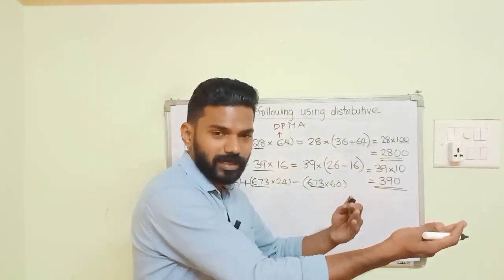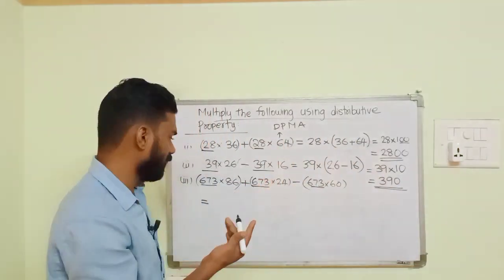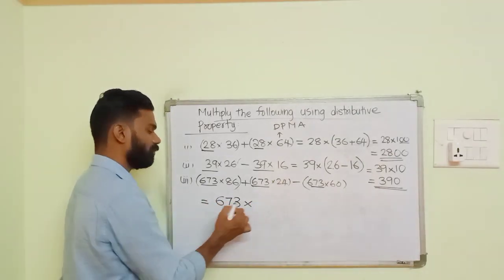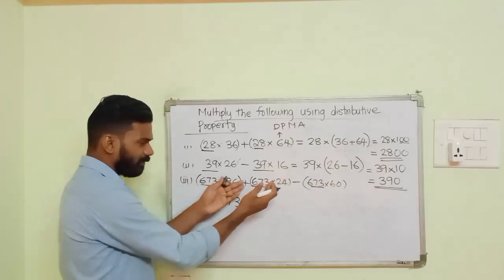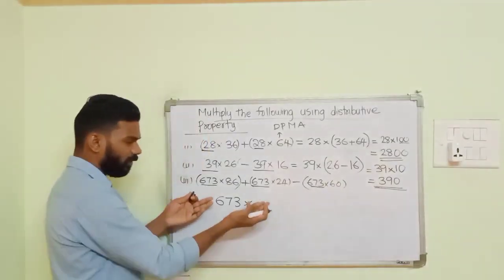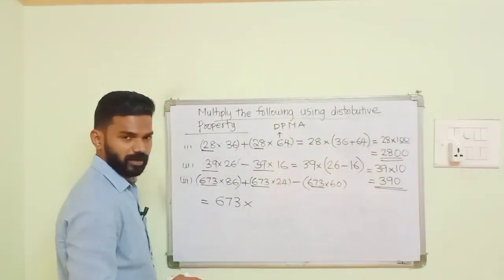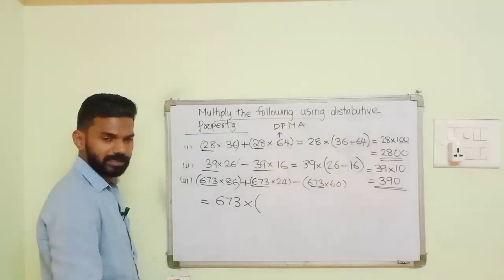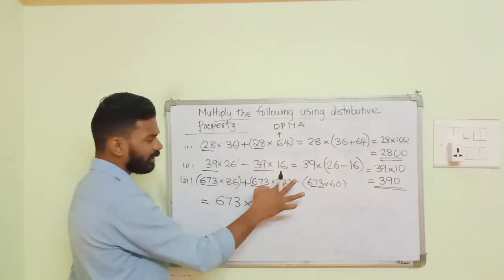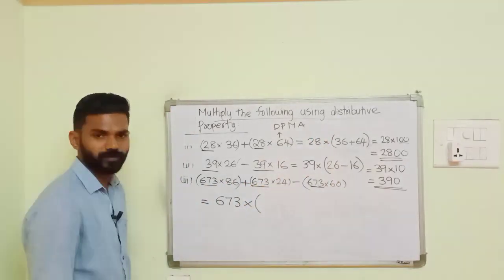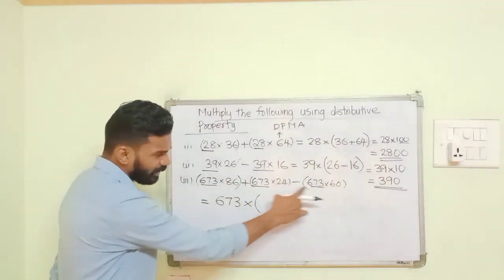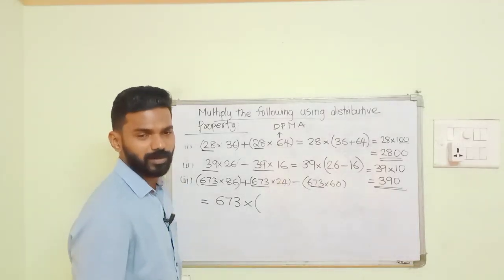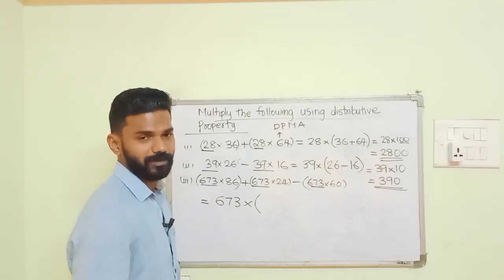So that number can be taken outside. Okay, so it will become 673 into. And when this 673 is taken from all the terms, then you need to put a common bracket inside which the remaining numbers have to be written. And while writing the remaining numbers, the operation also needs to be written in the right manner.